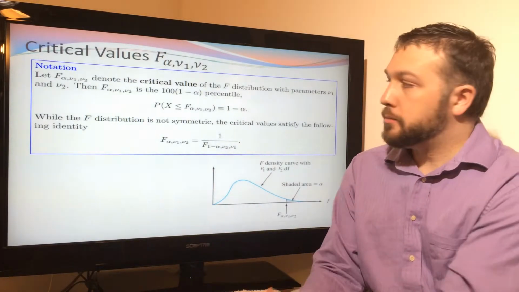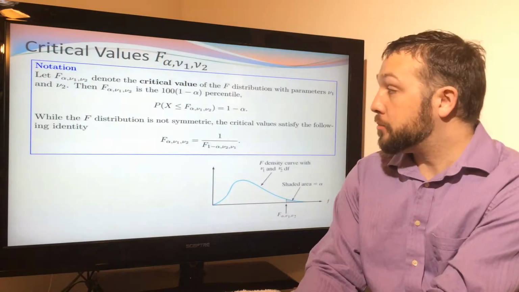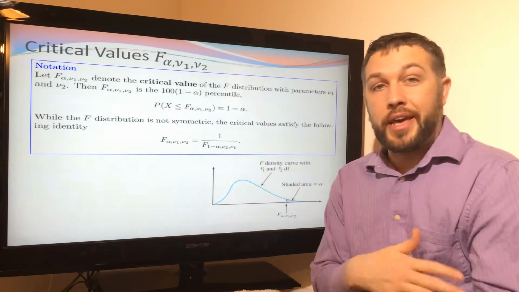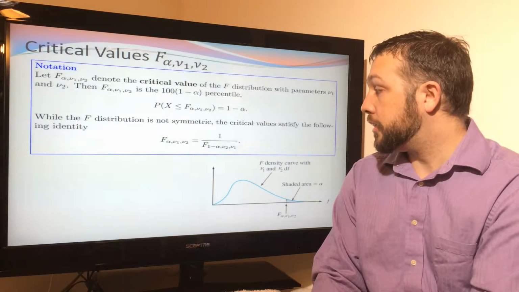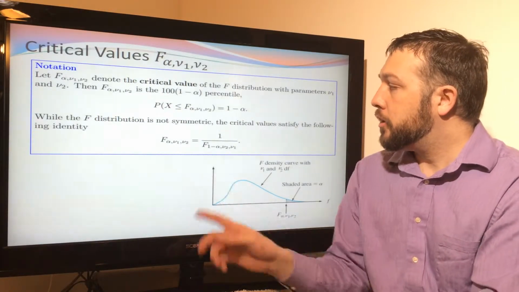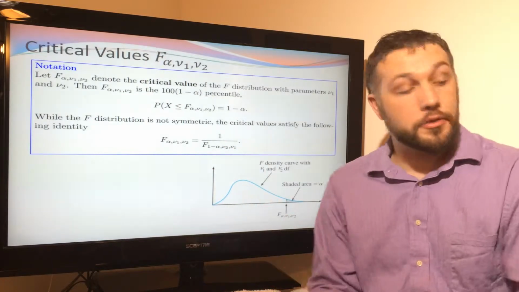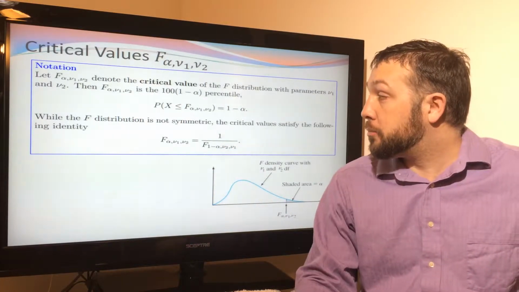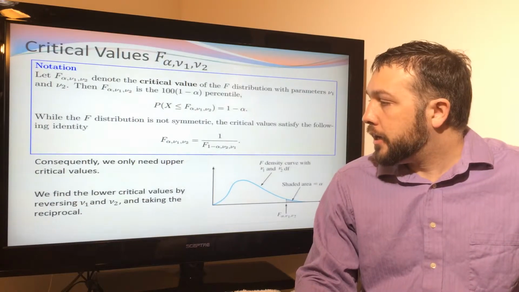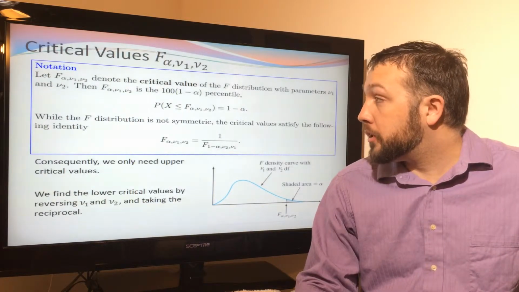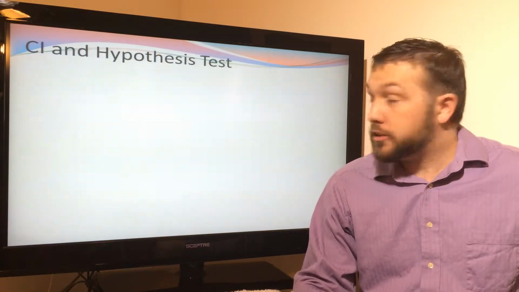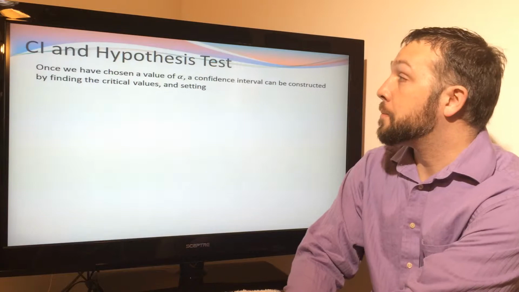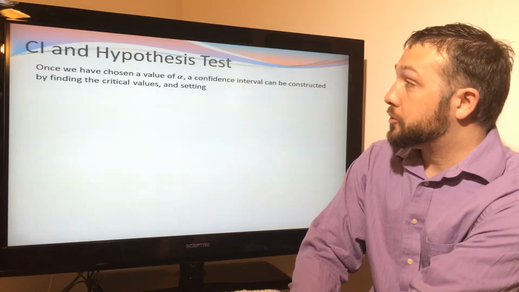This is nice if you're using something like a table to compute F values, because now, unlike the chi-squared distribution where we had to compute lower and upper tails separately, we can just reverse the roles of nu1 and nu2, and you can compute all the critical values with just an upper tail. We'll see how that works in just a moment, but actually we're mostly concerned in this case with getting the software to do F tests for us. But it can be done with the table as well.